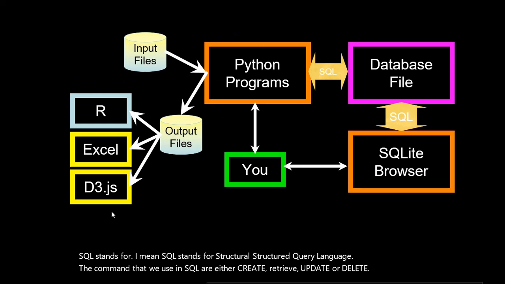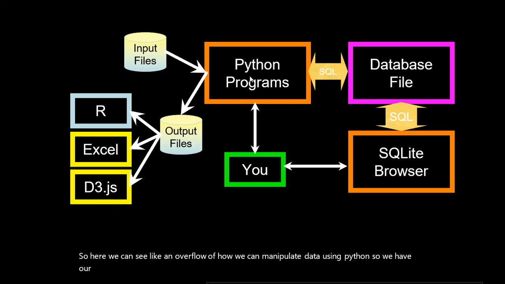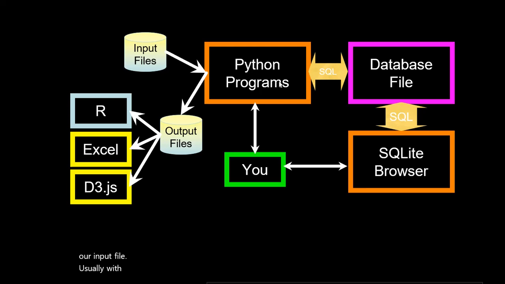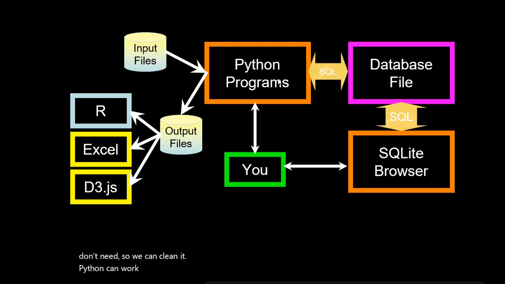Here we can see an overview of how we can manipulate data using Python. We have our input file. Usually with Python we can clean the data, since the data has a lot of information that we probably don't need. Python can work directly with the database file, and the database file also communicates with our SQL database program.